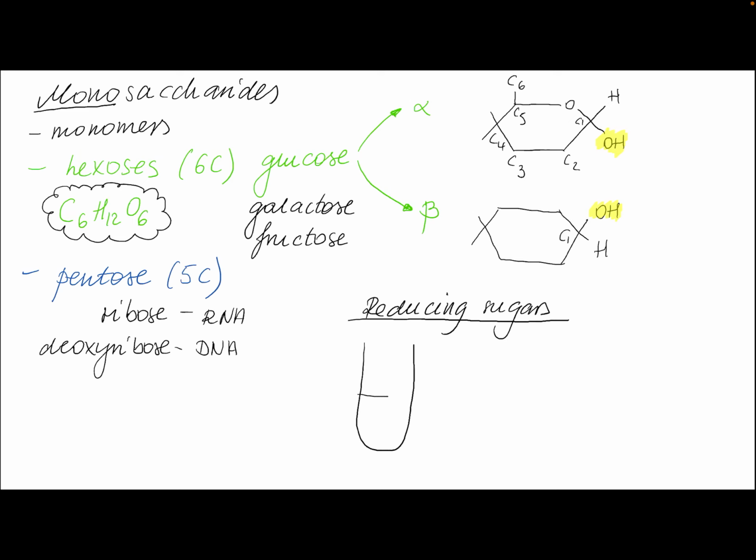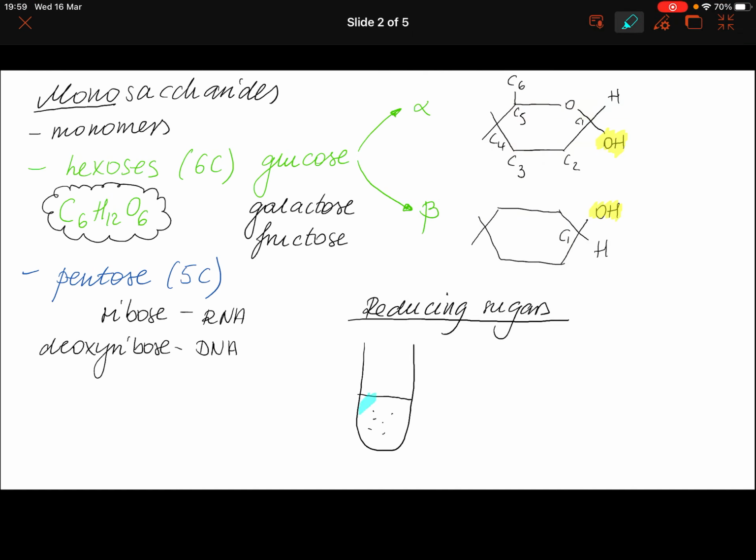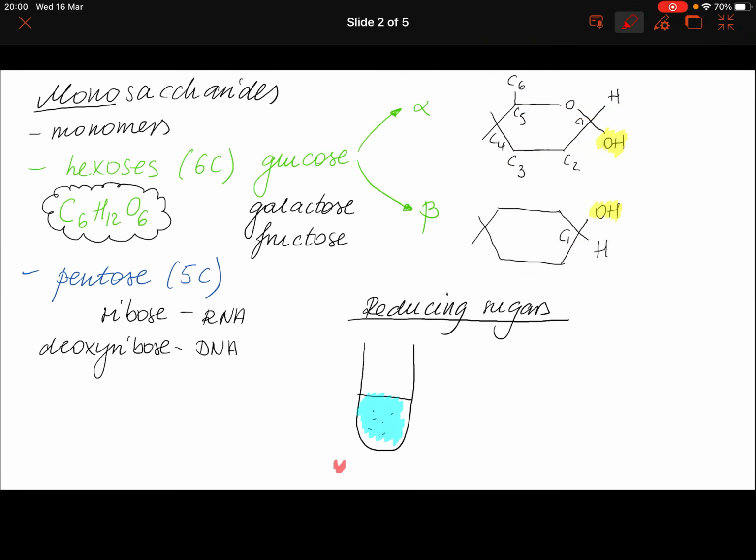So imagine here we've got your food sample with glucose. To test for the presence of the reducing sugars, we will need to add the Benedict's. Benedict's is a blue reagent. And you will also need to heat the sample. So I put the red color underneath.